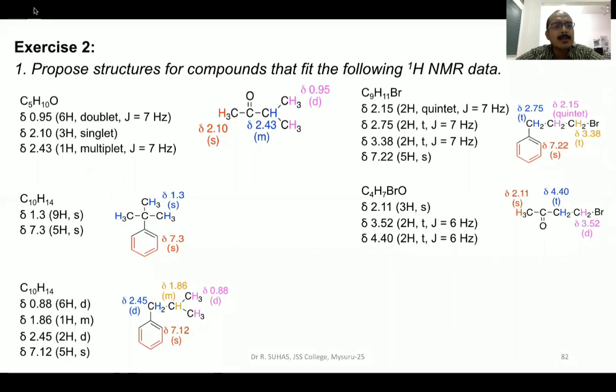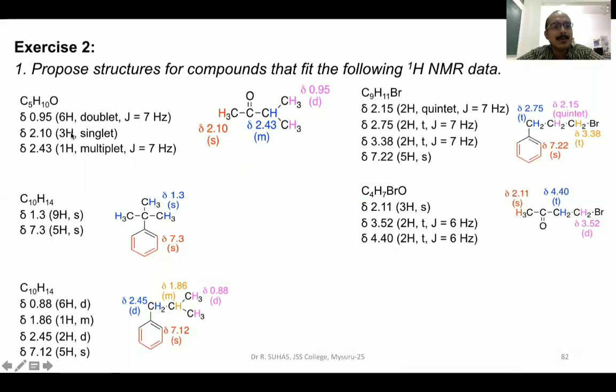Now, coming to 0.95 delta, we have to take up the values one by one. 0.95 means it could be a primary alkyl group, 6H doublet, and J is 7 Hertz. J is the coupling constant, showing that the distance between the two peaks is 7 Hertz. The next value is 2.10, and the splitting pattern is a singlet.